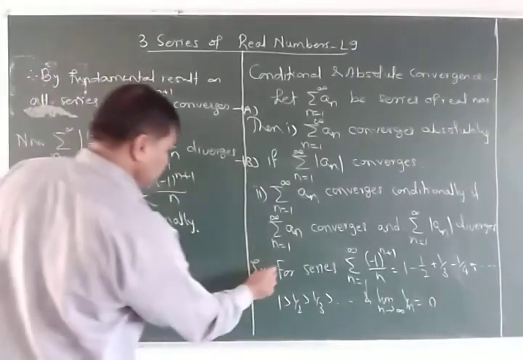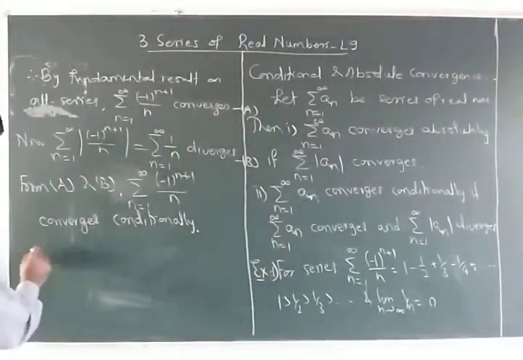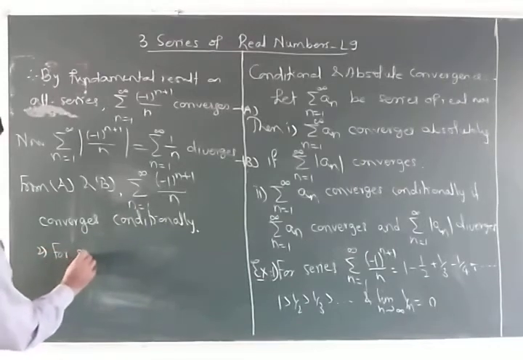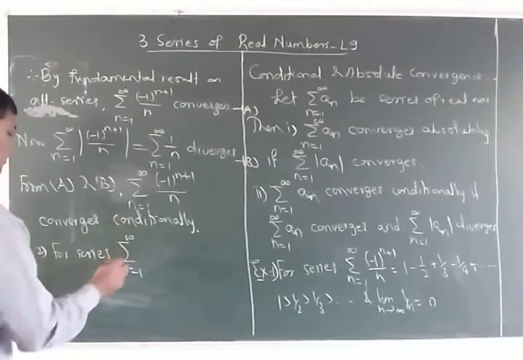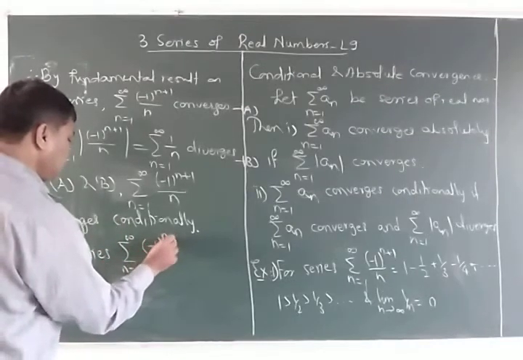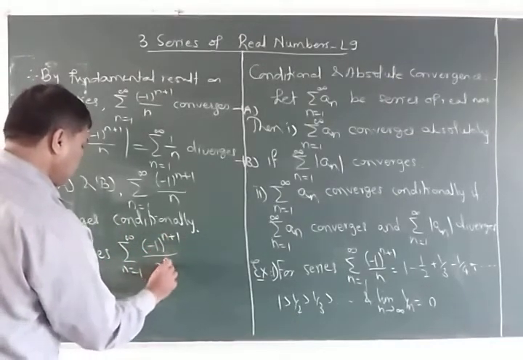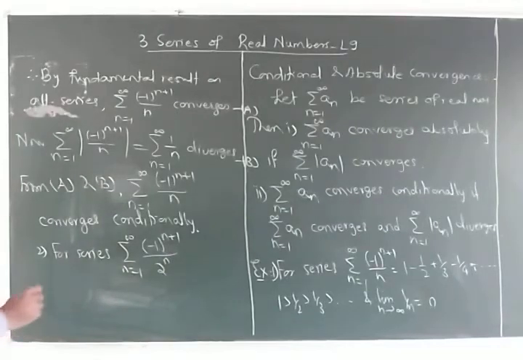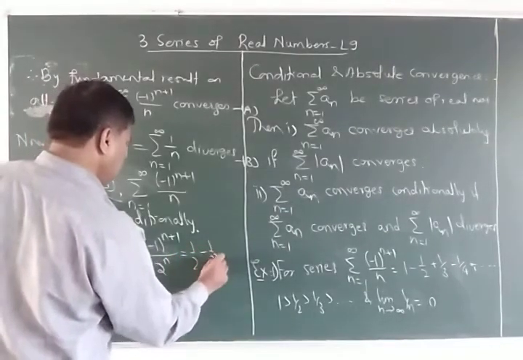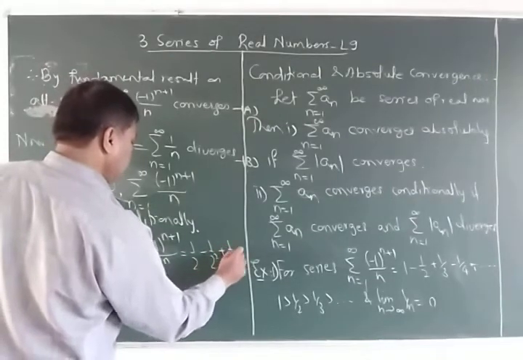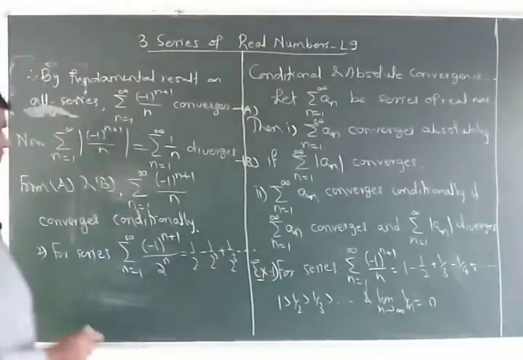If I take a second example, for the series summation of n equal to 1 to infinity minus 1 raised to n plus 1 upon 2 raised to n. What is this series? This is nothing but half minus 1 by 2 square plus 1 upon 2 cube and so on.